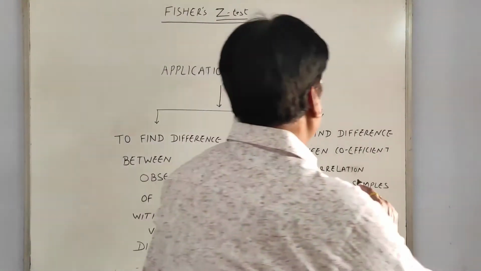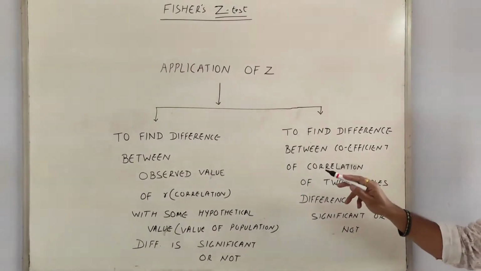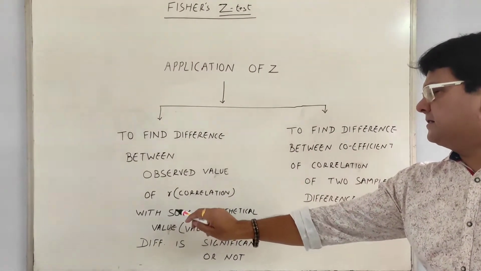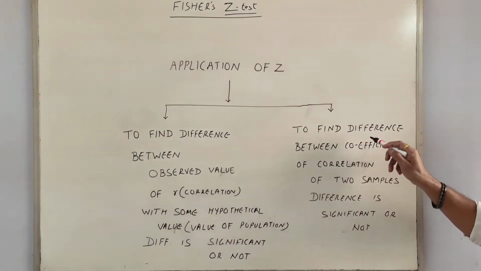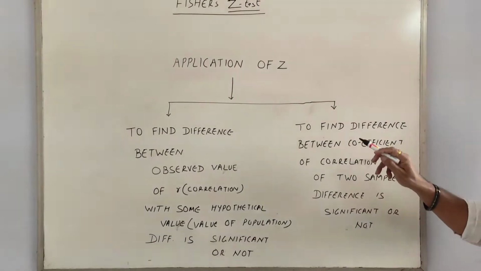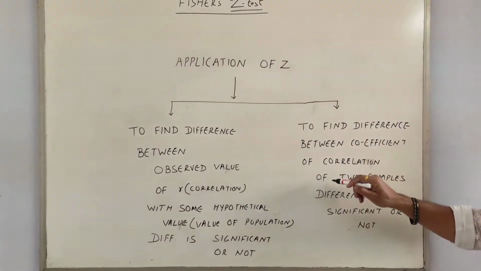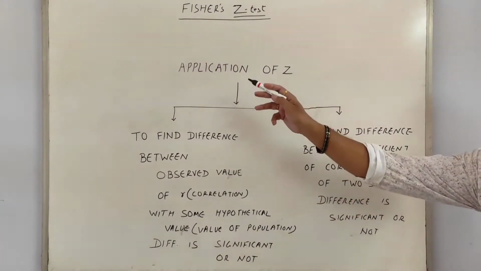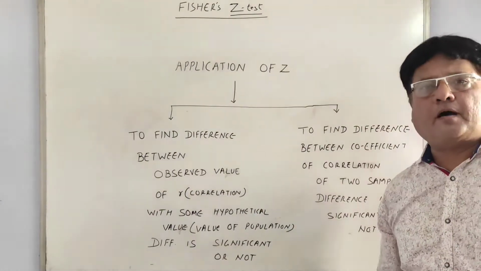The second aspect is to find the difference between the coefficient of correlation of two samples. Either here a sample is compared with the population or hypothetical value, or here a sample is compared with another sample, and again we have to find whether the difference is significant or not. So these are two applications of Z that we will be handling one by one.